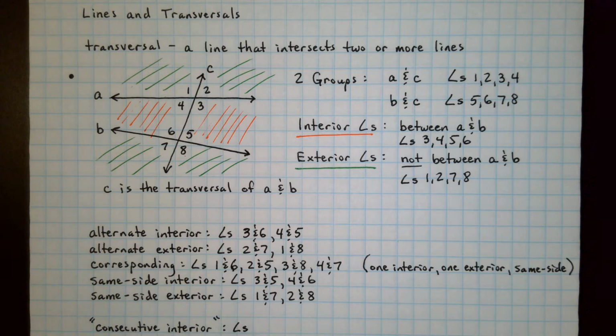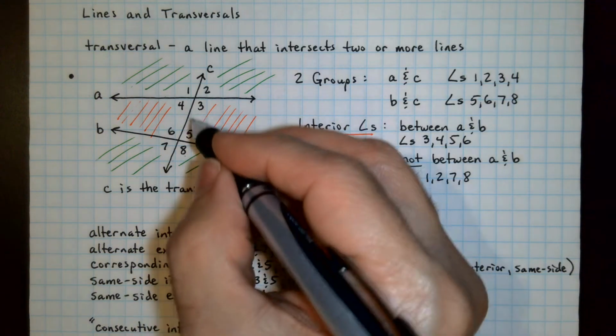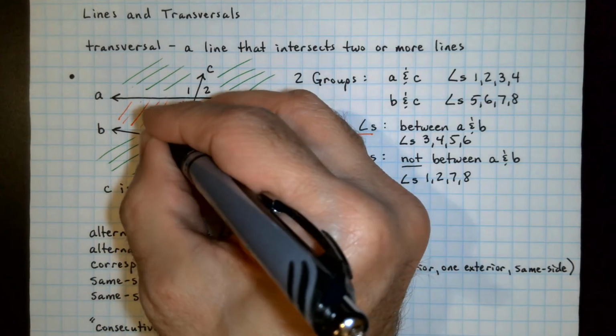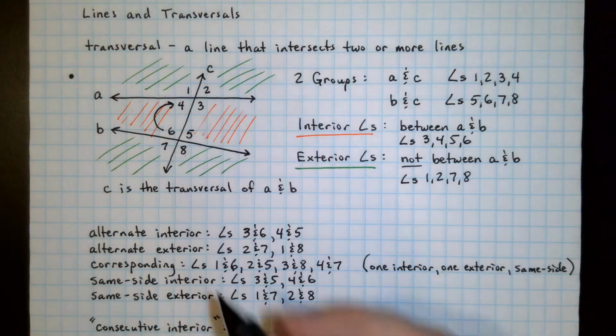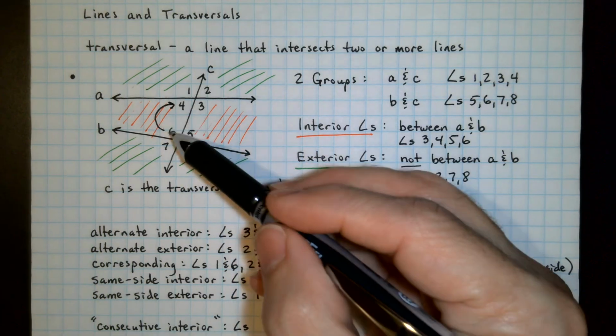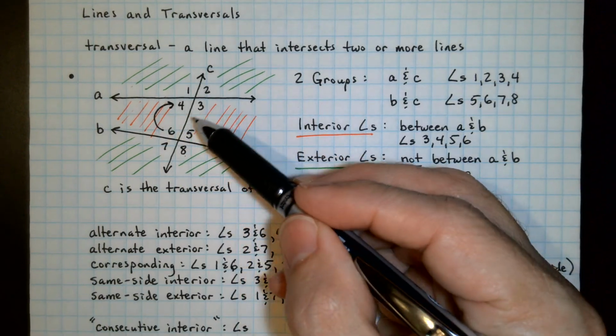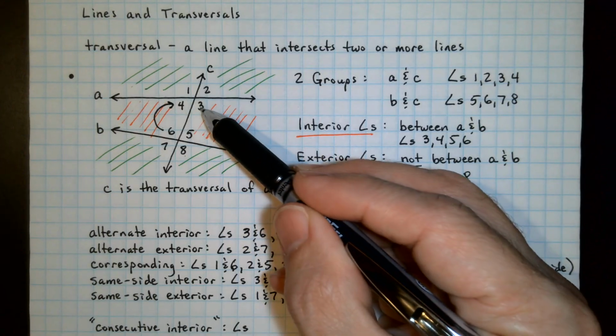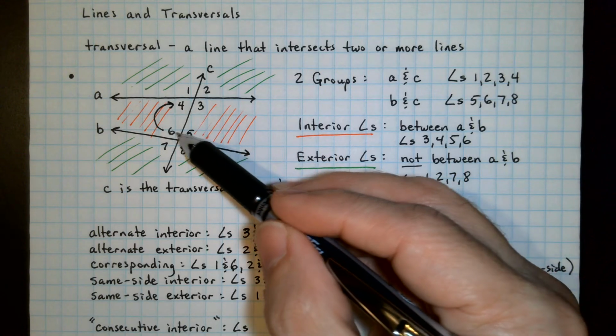They call them consecutive interior. If you are looking in this group of angles on the interior and you went around, kind of around in a circle with those, which ones would come one right after the other? Well, 6 and 4, then 4 and 3, then 3 and 5, then 5 and 6.